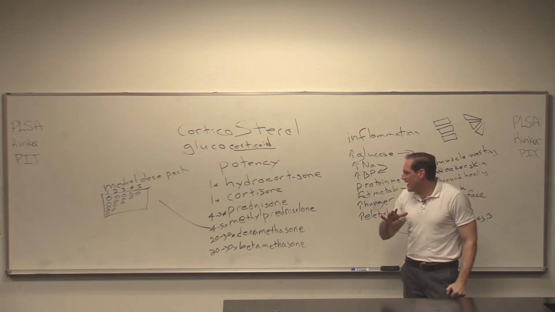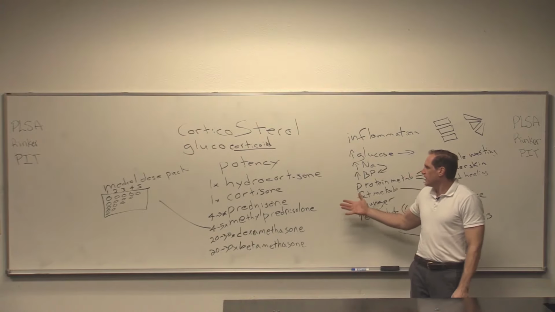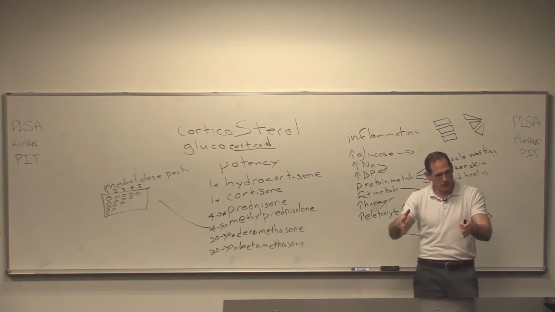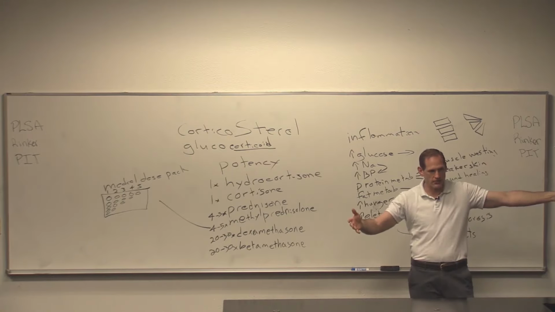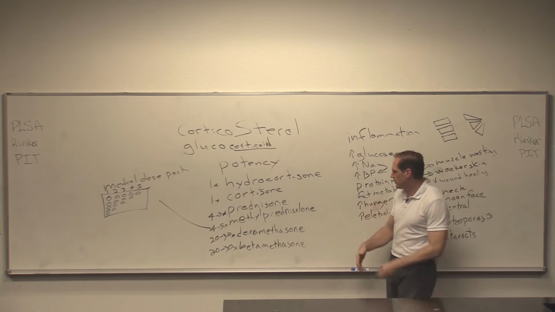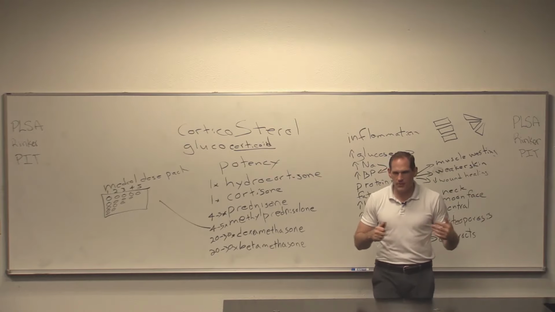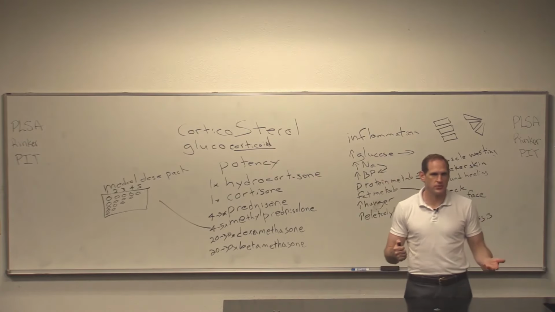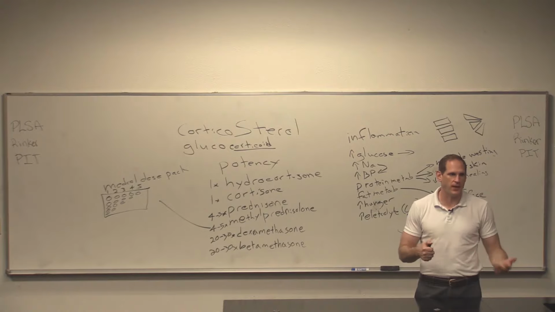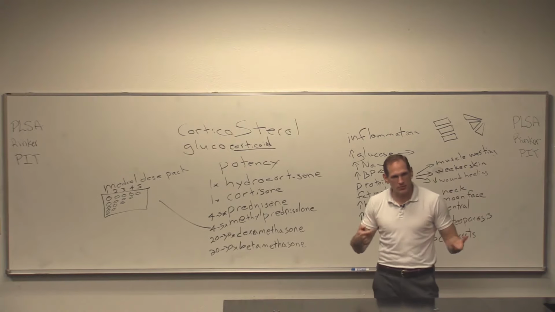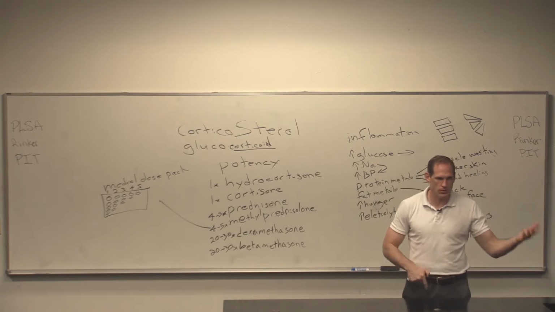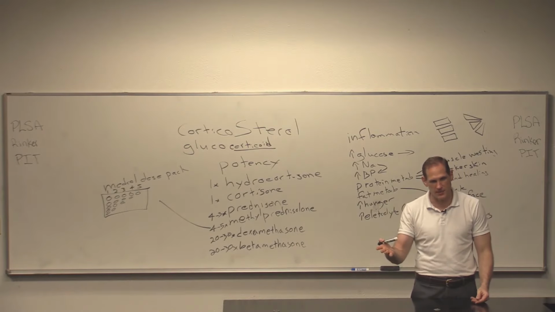All right, the last thing we need to mention is that there's a difference between normal dose and super high dose. So for example, methylprednisolone. One of the very most common things that you're going to see methylprednisolone used for is COPD. So COPD is an inflammatory disease in the lungs leading to chronic bronchitis and emphysema.